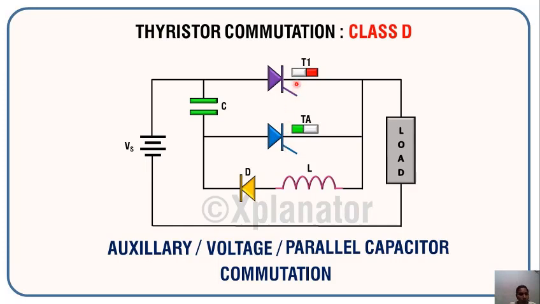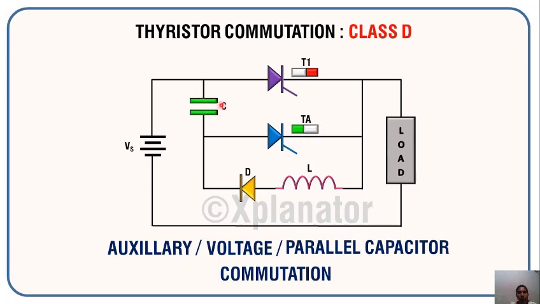Now, in order to turn off this T1, we fire TA, this auxiliary thyristor. Once this is fired or triggered, it acts as a closed switch. And what about the polarity of the capacitor? It is minus on the upper plate and plus on the lower plate.